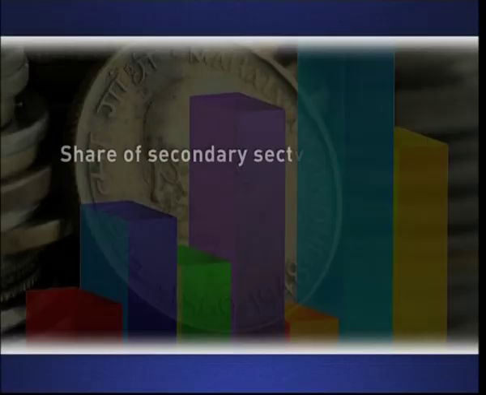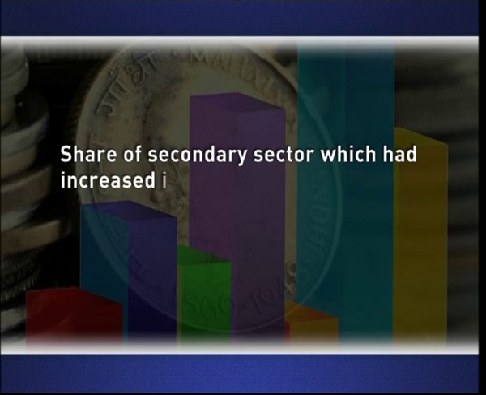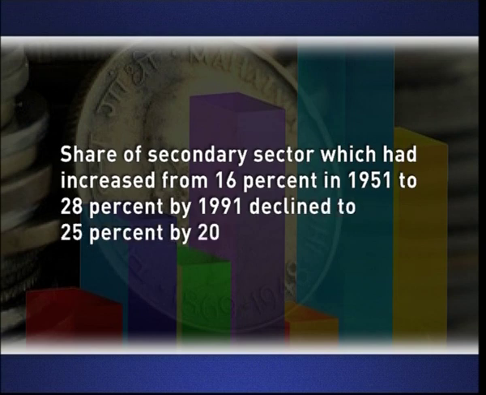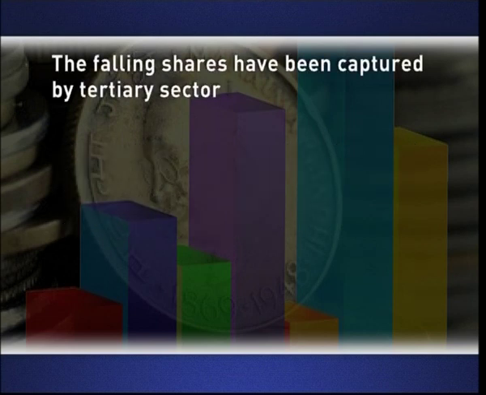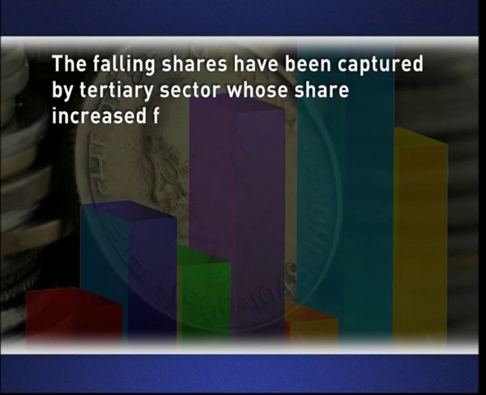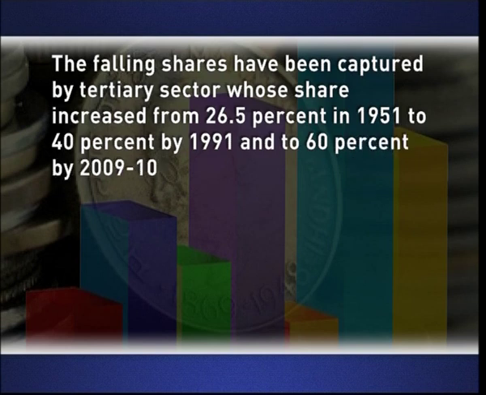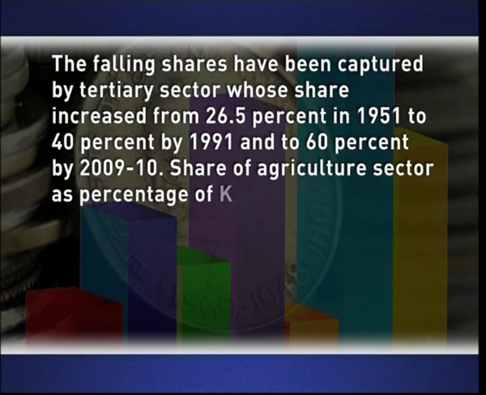2009-2010. Share of secondary sector, which had increased from 16% in 1951 to 28% by 1991, declined to 25% by 2009-2010. The falling shares have been captured by tertiary sector, whose share increased from 26.5% in 1951 to 40% in 1991 and to 60% in 2009-2010.